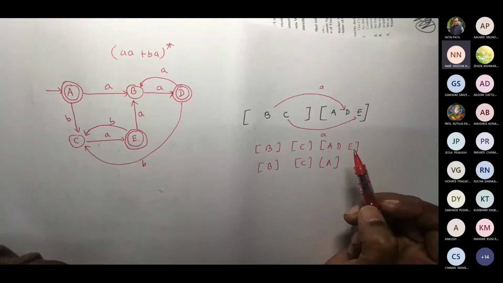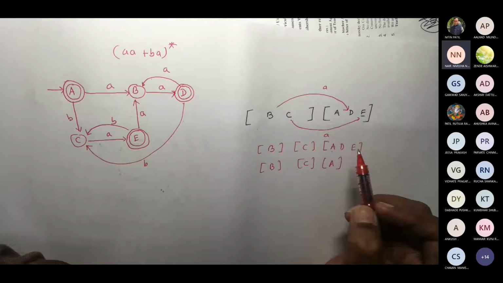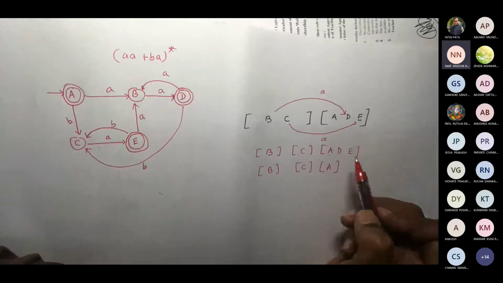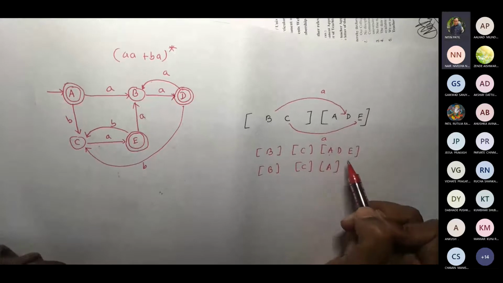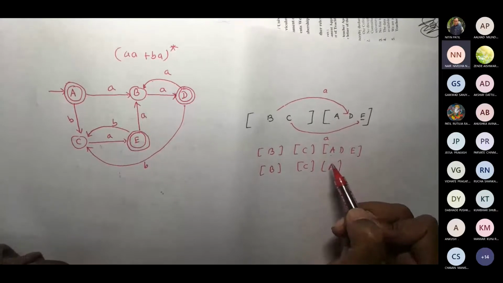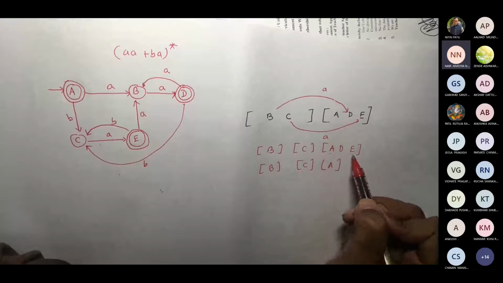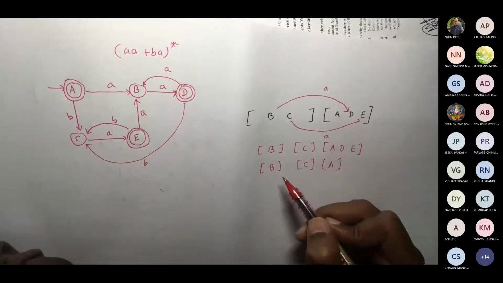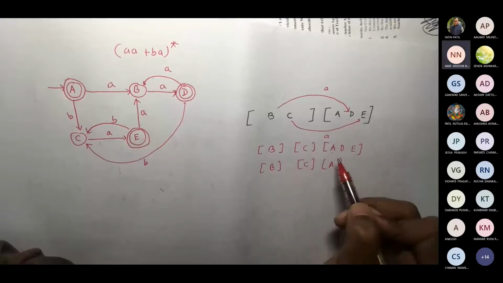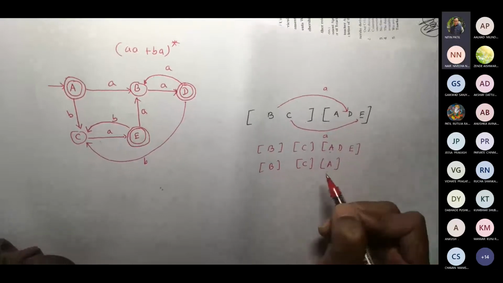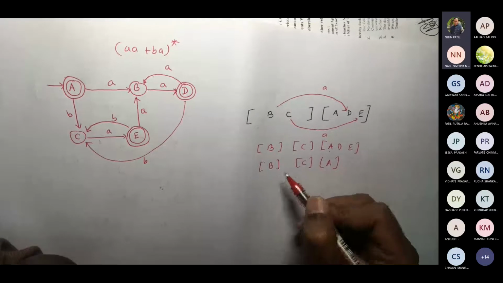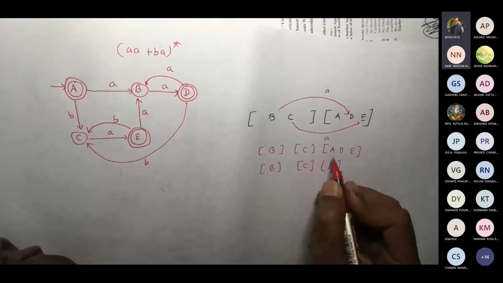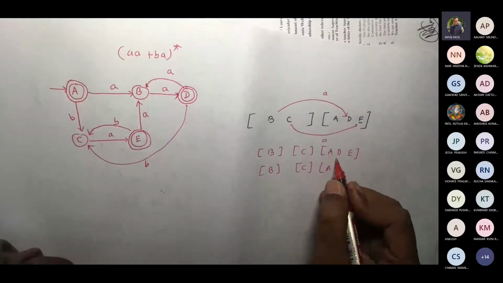That is, B goes to D and C goes to E. So we separated B and C. And in the next case, for ADE, when we give input A, they give B, and when we give input B, they give C. As they are going to the same group, we will not separate ADE. We will keep them as they are.